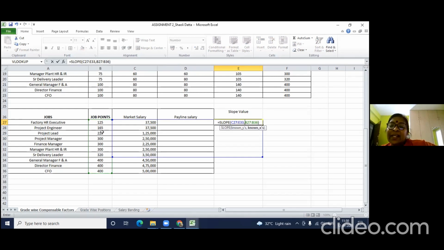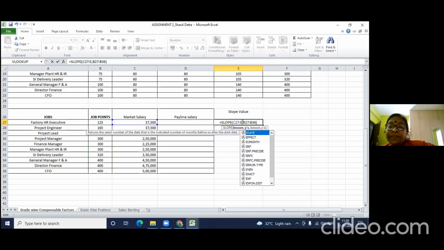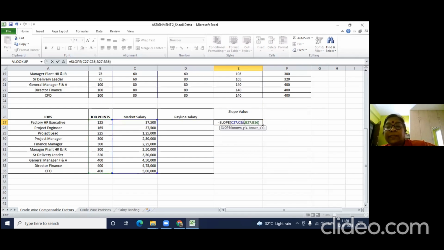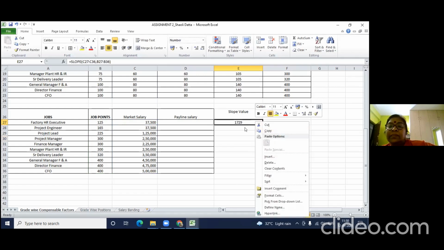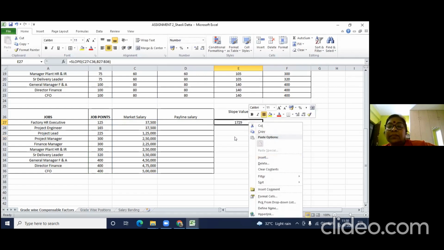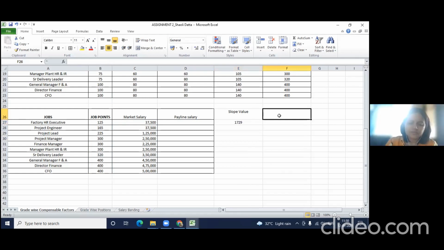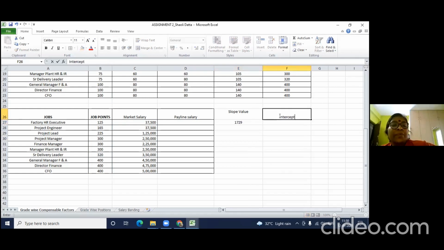Just like the way you have calculated the slope value, calculate the intercept value. Intercept.